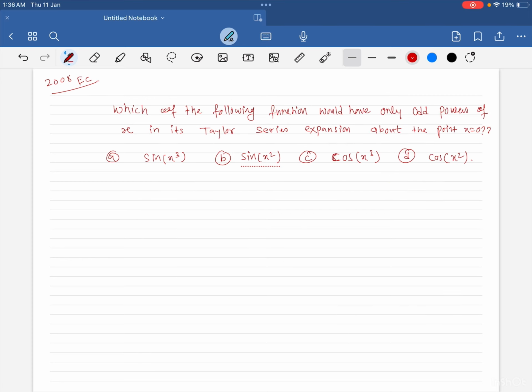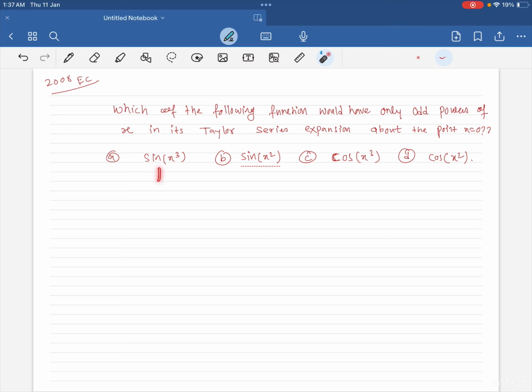So this question is again from EC 2008. Which of the following functions would have only odd powers of x in its Taylor series expansion about the point x equals 0, right?